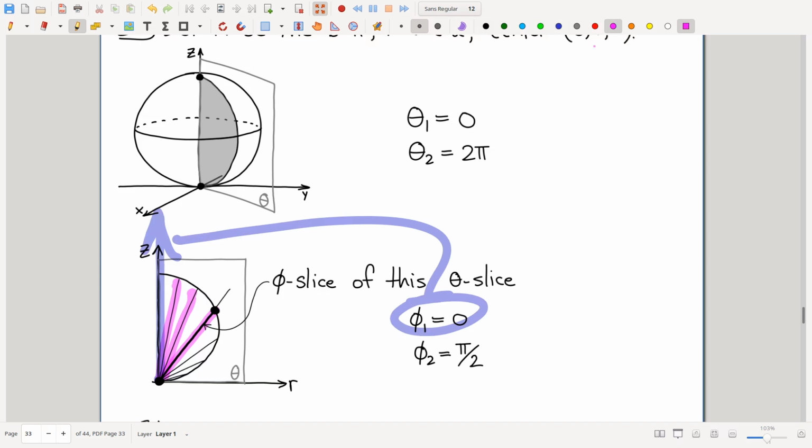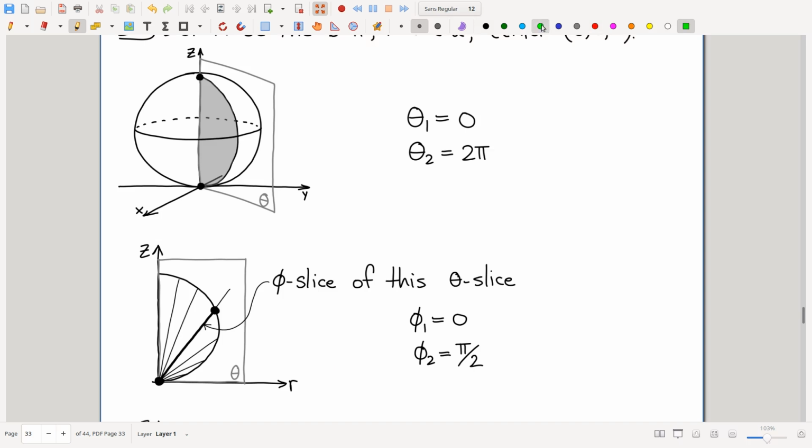And the last one, as the angle gets higher and higher, as phi increases and I'm getting closer and closer to horizontal, you see these cross sections are getting shorter and shorter, and the very last one is going to be there, where phi is pi over 2. Is that cool? Everybody's happy? Okay, so there's my phi bounds.